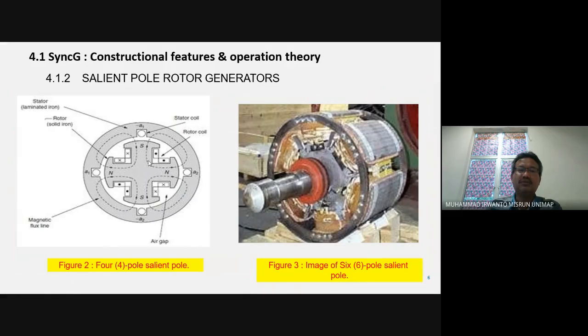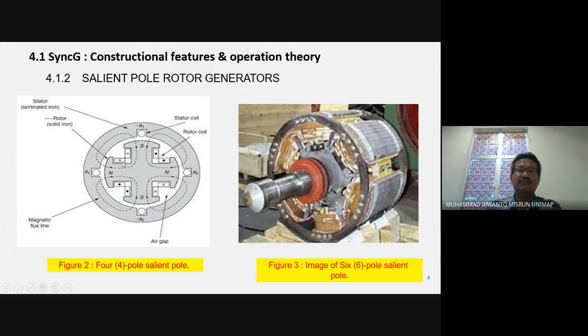And then we can also see the construction of the salient pole. Here it is the stator, and the stator also has winding. The winding is put here, and this is the type of the salient pole.